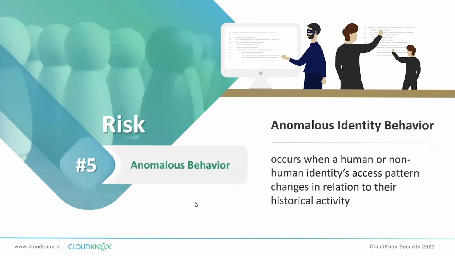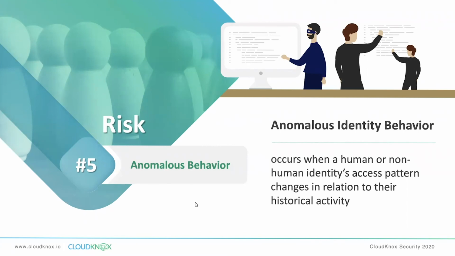Risk number 5, anomalous behavior. In its simplest form, anomalous behavior occurs when a human or non-human identity's access pattern changes in relation to their historical activity. Determining whether the activity is normal due to, say, a change in job role, or if it's malicious behavior, requires automation.